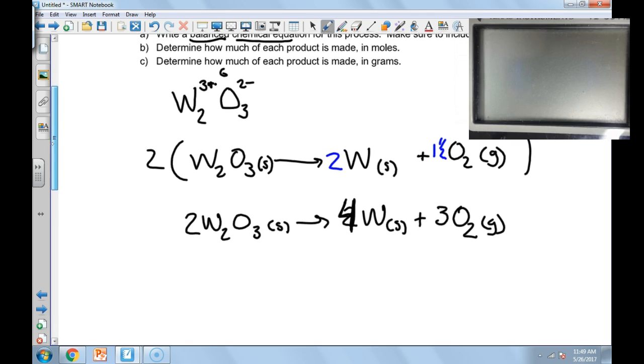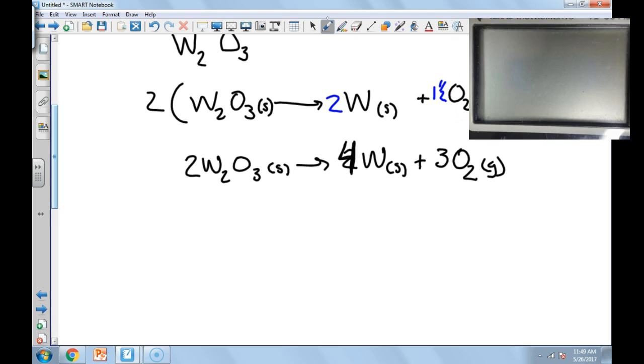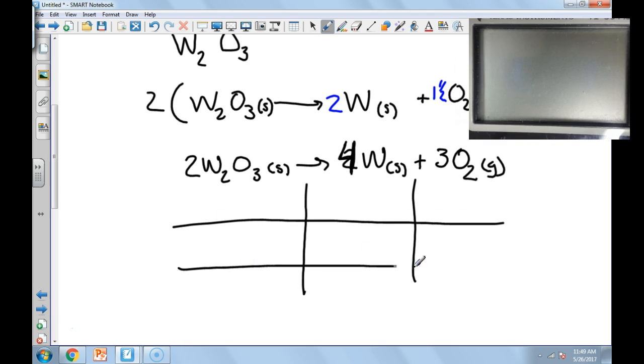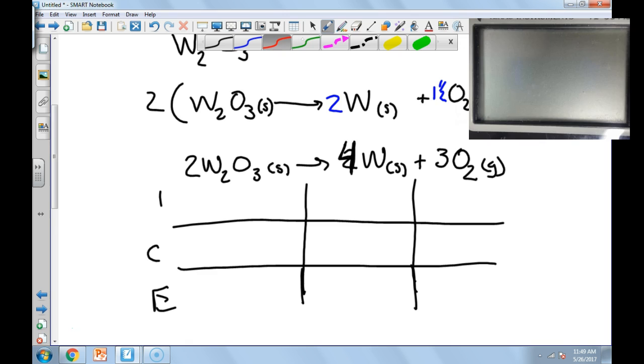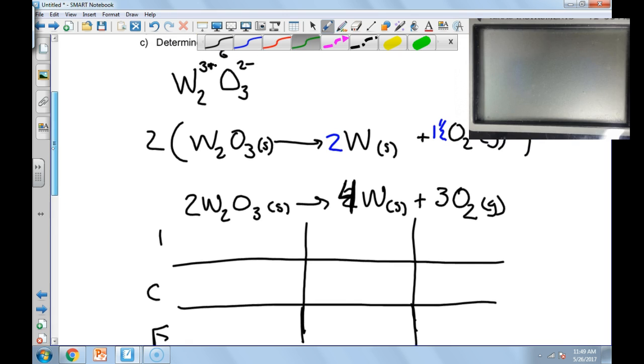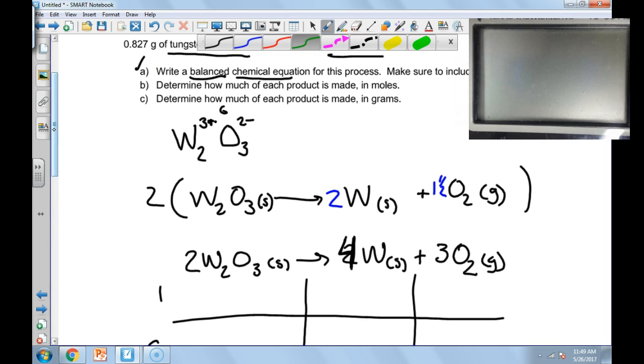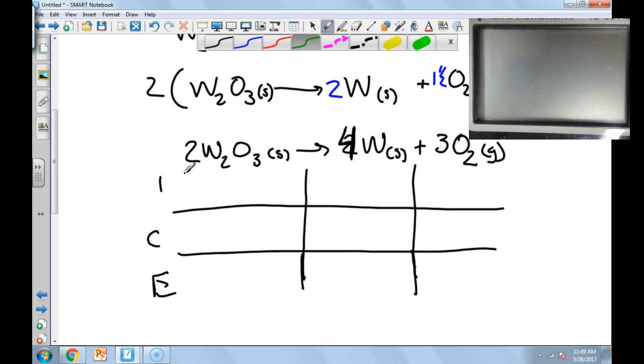So if we're trying to determine how much product is made in moles, we probably need to do an ICE chart. So we're going to do an ICE chart here and label ICE. Now we need to know how much we start with, and this is 0.827 grams.